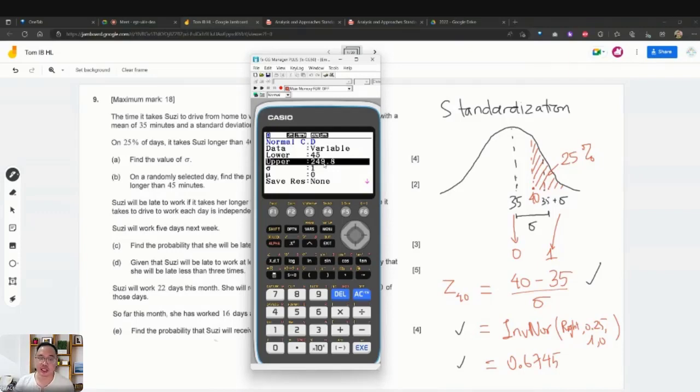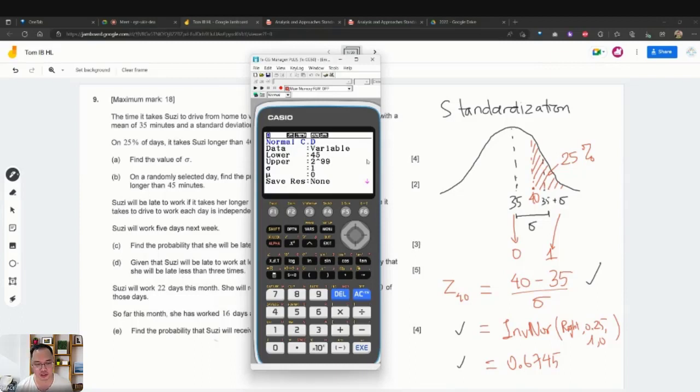But theoretically, we need to put the upper bound to be a very big value, like 99999. Or when writing in the test, you can put 2 power 99. It will give the same result, but the point is this upper value must be very big.